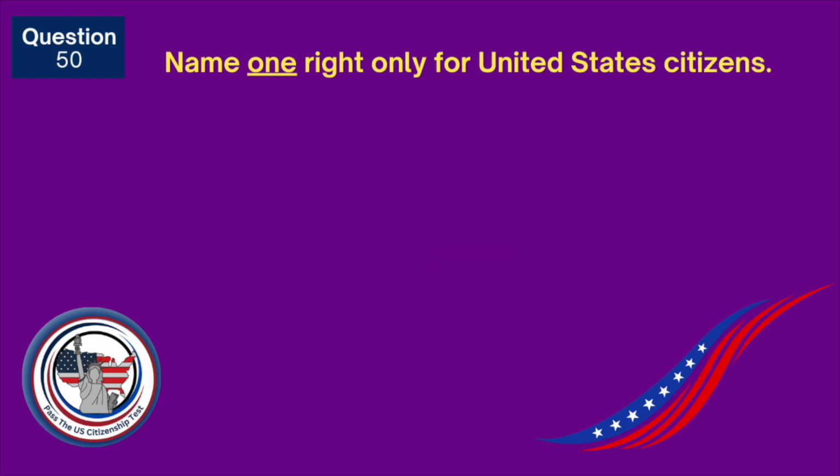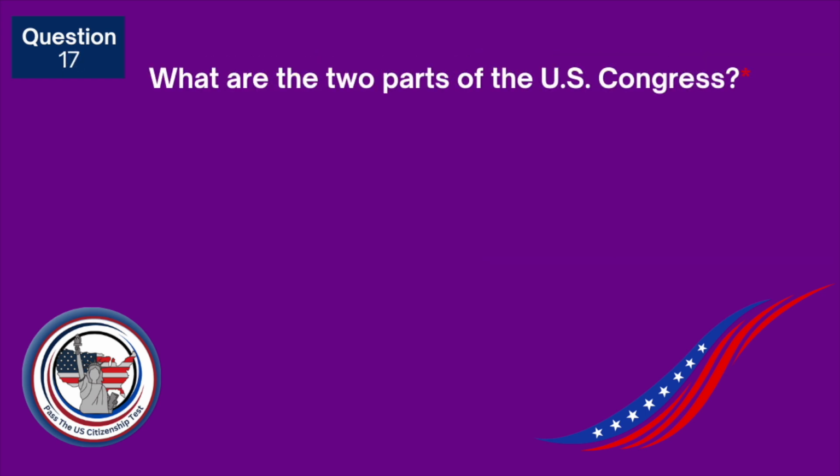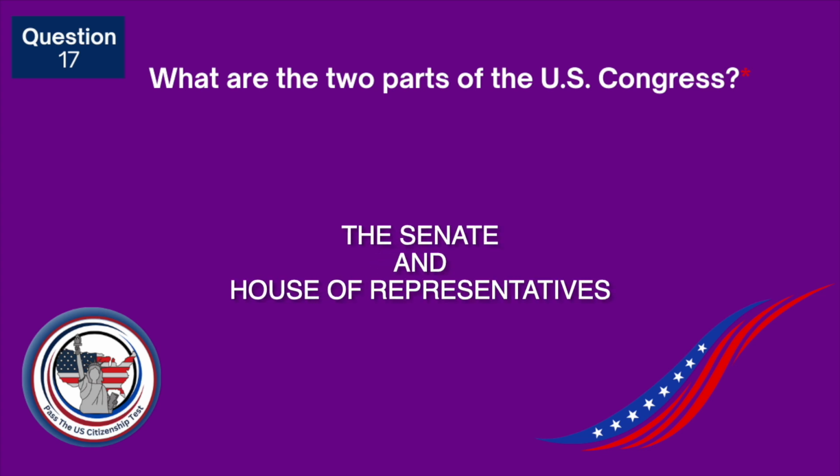Name one right only for United States citizens. Vote in a federal election. What are the two parts of the U.S. Congress? The Senate and House of Representatives.